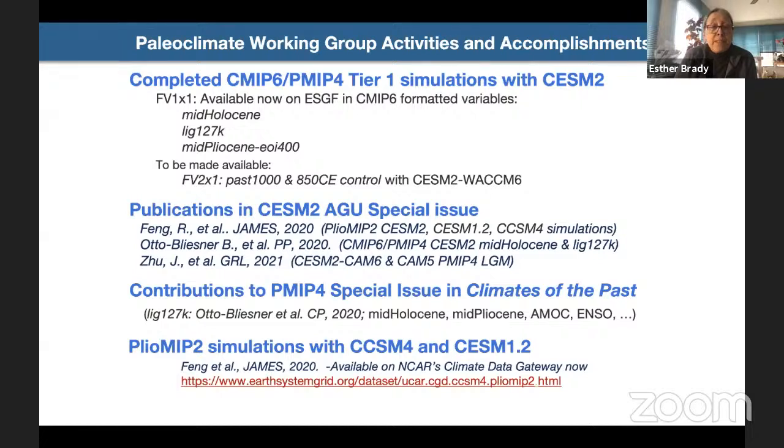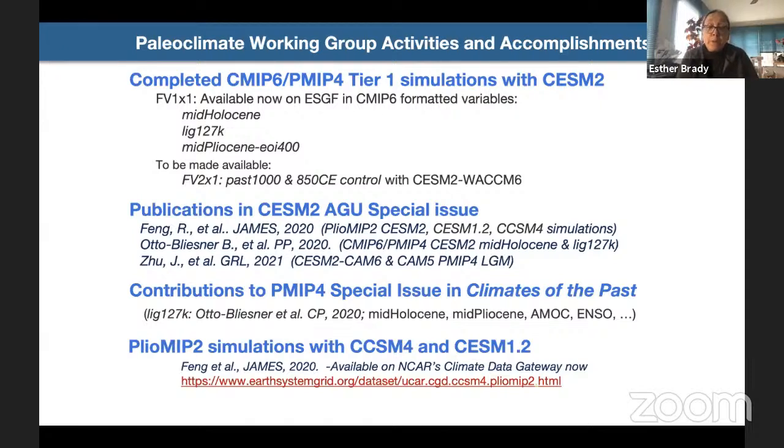There's a paper by Betty Otto-Bliesner in Paleoceanography and Paleoclimatology, documenting the CESM2 mid-Holocene and last interglacial simulations. And then Zhang Zhu has a recent paper in GRL documenting his work with CESM2, simulating the LGM with the CAM6 and CAM5 versions of the atmosphere model, and he gave his presentation yesterday on this work.